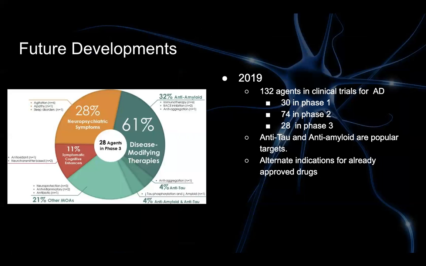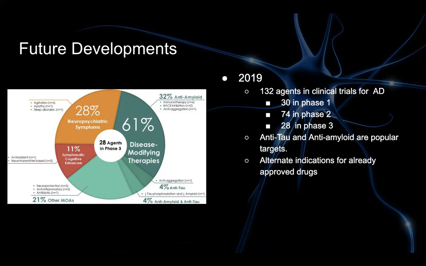As of 2019, there are 132 agents in clinical trials for Alzheimer's disease. 30 of those are in phase 1, 74 in phase 2, and 28 in phase 3. Of the 28 in phase 3, 3 are symptomatic cognitive enhancers, 8 are neuropsychiatric in nature, and 17 are disease modifying treatments.